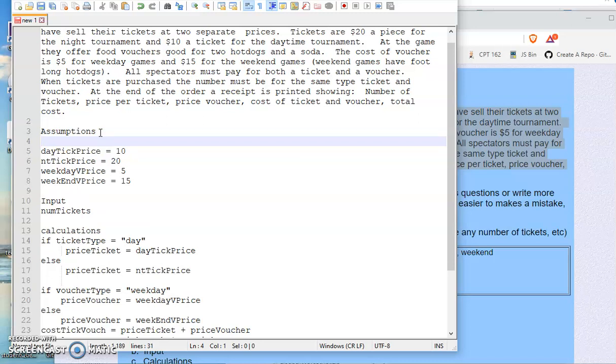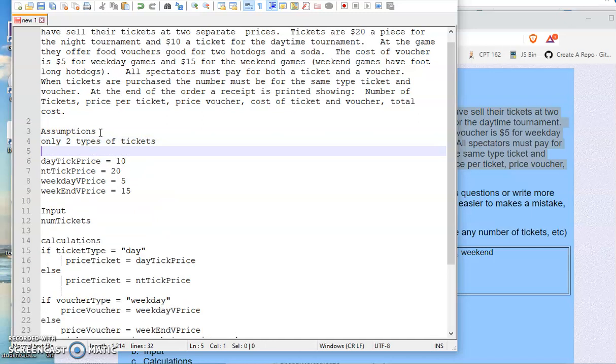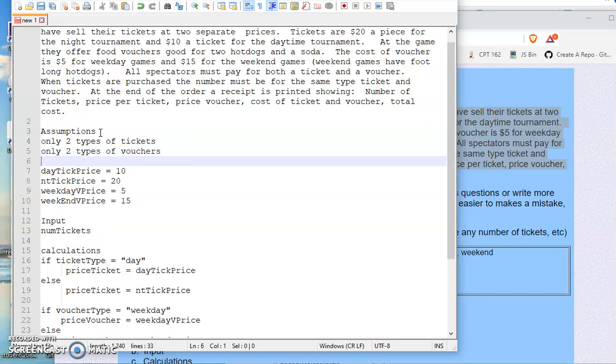And some of the assumptions are: only 2 types of tickets, only 2 types of vouchers, number of tickets must be equal to number of vouchers.